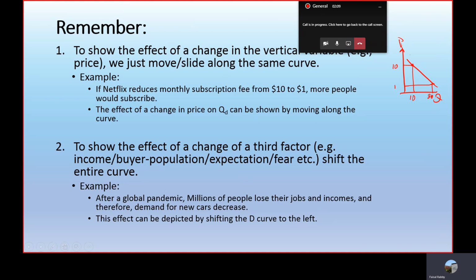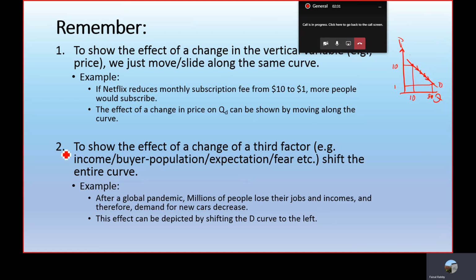Here's an example. Let's say Netflix reduces the monthly subscription fee from $10 per month to $1 per month. We know for sure that, other things unchanged, more people will subscribe to Netflix, and that can be shown just by moving along the same demand curve.